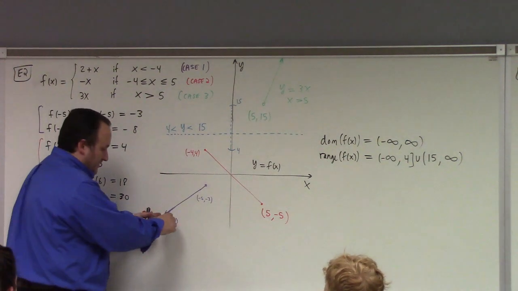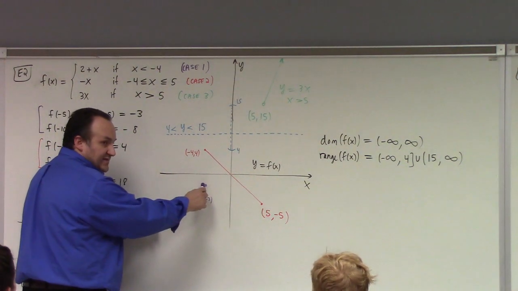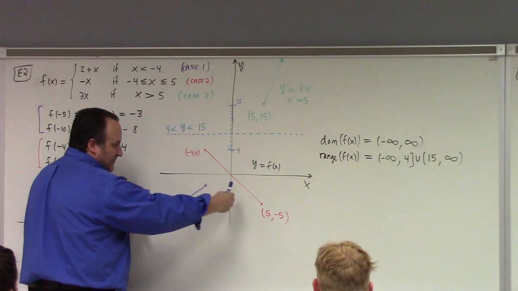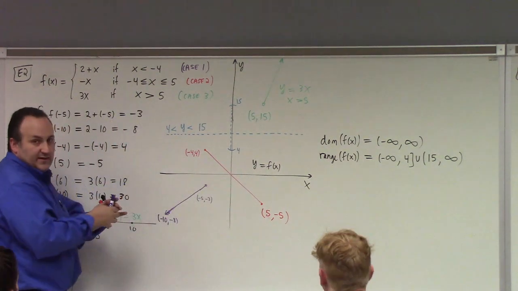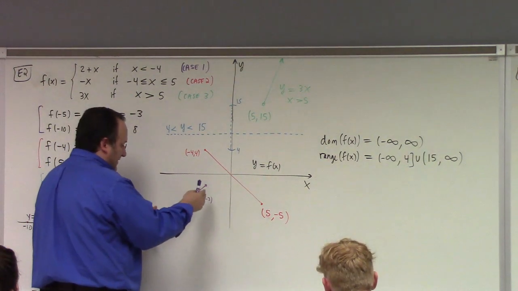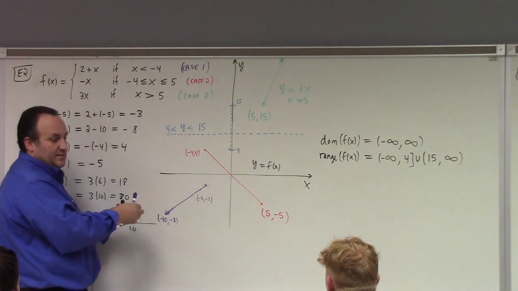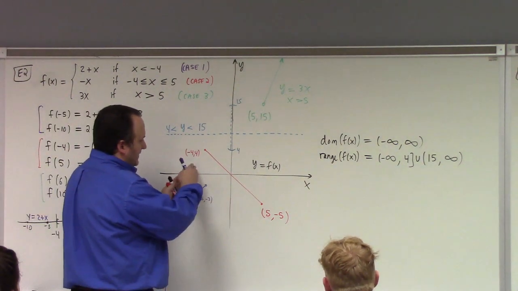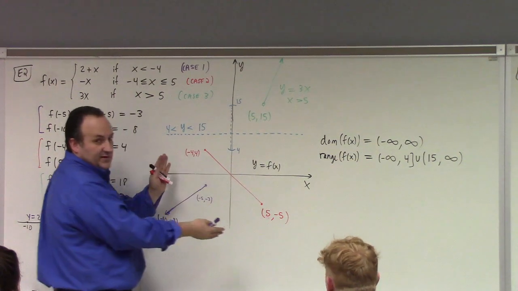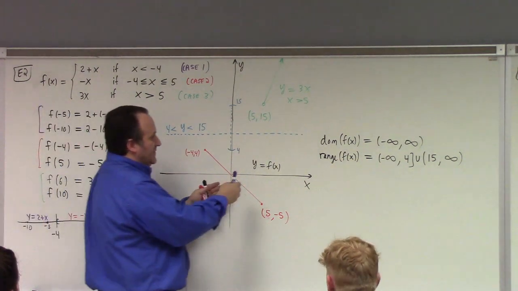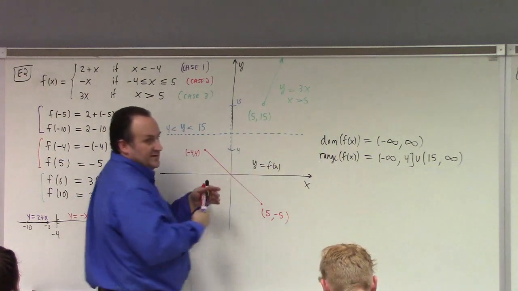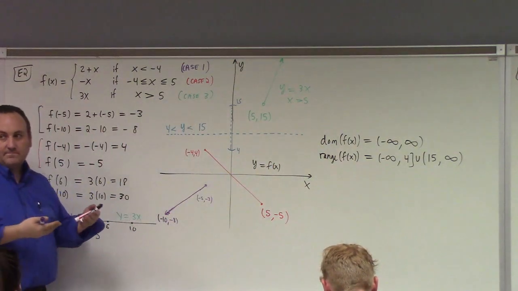It's just not continuous if I also have to extend the story past the purple part, right? So if we just restrict our attention to, say, minus infinity to -5, it's continuous there. If I just restrict my attention from -4 to 5, it's continuous there. If I just restrict my attention from 5 to infinity, it's continuous there, all right?